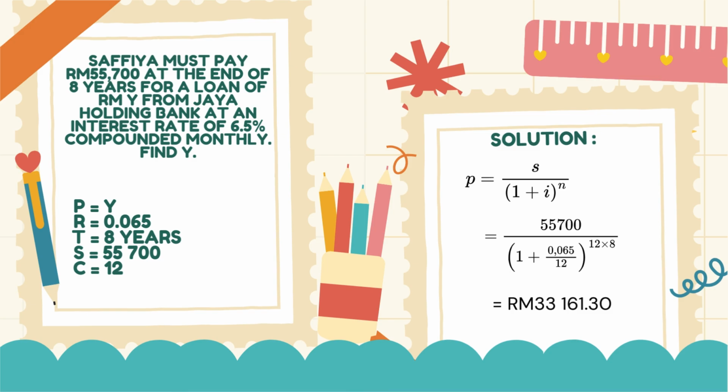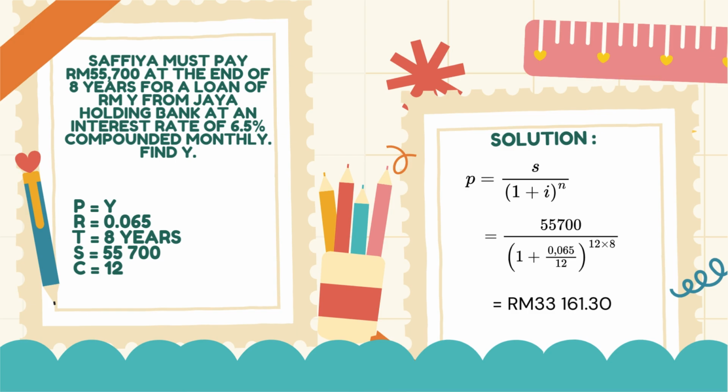So, P equal to S per 1 plus I in brackets to the power N is 55,700 per 1 plus 0.065 per 12 in brackets to the power of 12 times 8 equal 33,161 ringgit 30 cent.